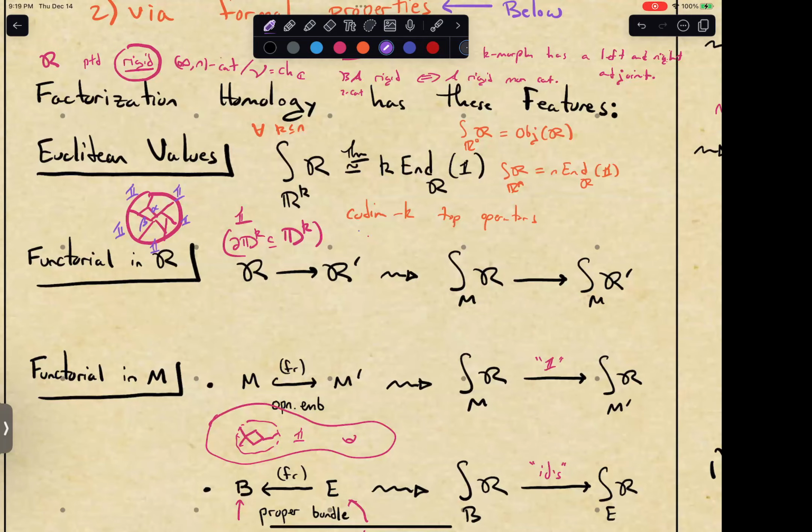So there are some people working that out, and I don't have too much to say about what that categorification of Rep Q G would look like exactly.